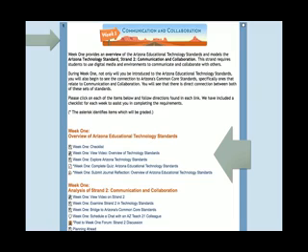Each week also begins with a checklist so that you can see what you are responsible for and what to do for that week. Then in week 1, we begin the analysis of the educational technology standards by strand. In week 1, we begin with strand 2, the communication and collaboration strand.